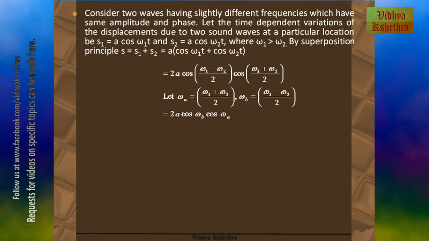Now let us assume omega a is equal to (omega 1 plus omega 2) by 2 and omega b is equal to (omega 1 minus omega 2) by 2. So the equation for this wave becomes 2A cos omega bt cos omega at.